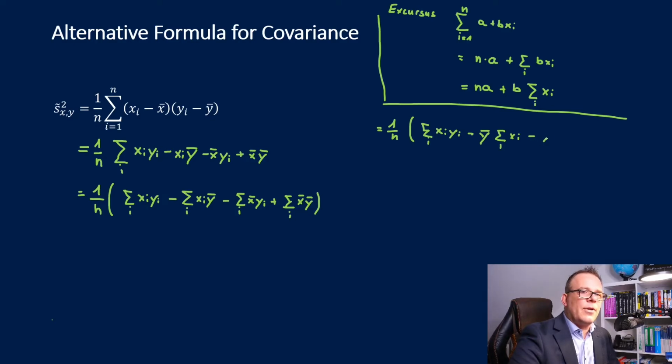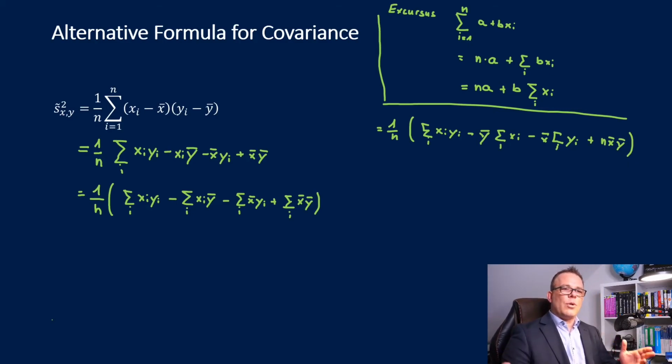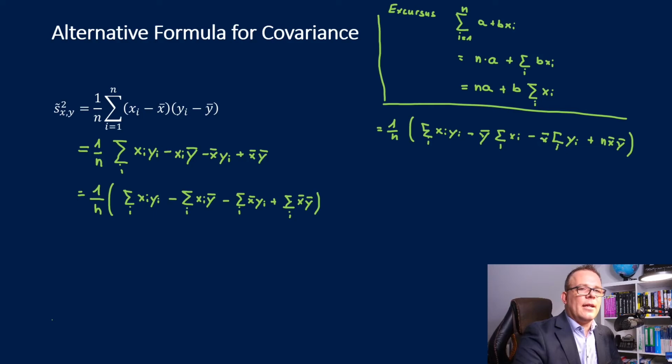Minus, this time we can take x bar out and leave yi in. And here at the end, it is quite simple. We can take n times x bar times y bar and closing brackets. So we can leave away the sum sign altogether.